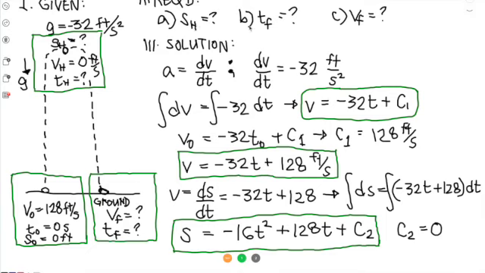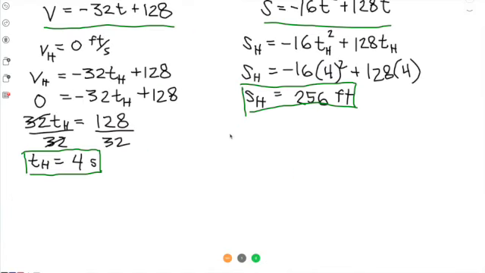Now let's go to B. What is the time that the stone will hit the ground? Again, we will rely on our two particular solutions to solve for that.